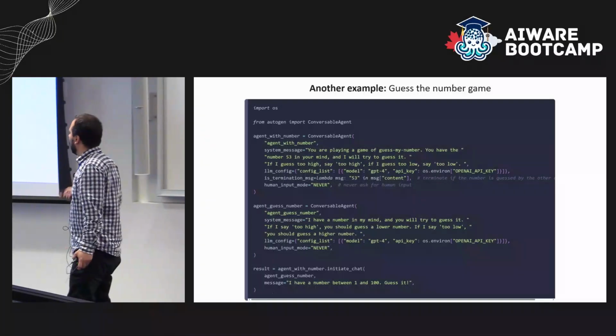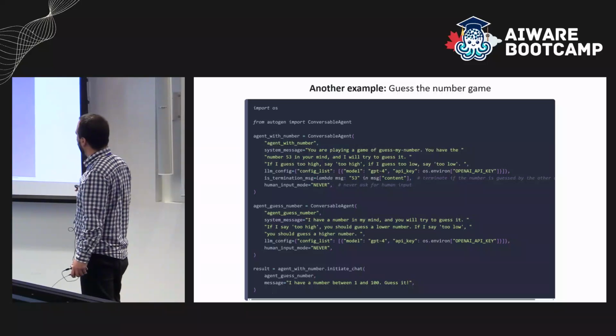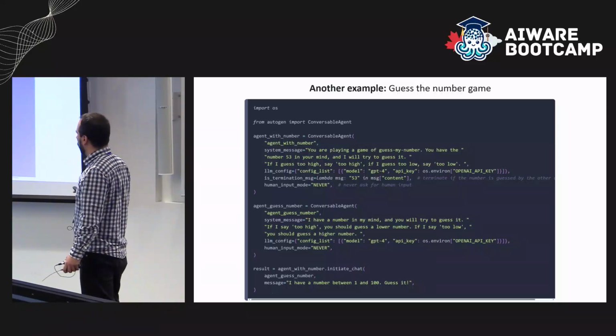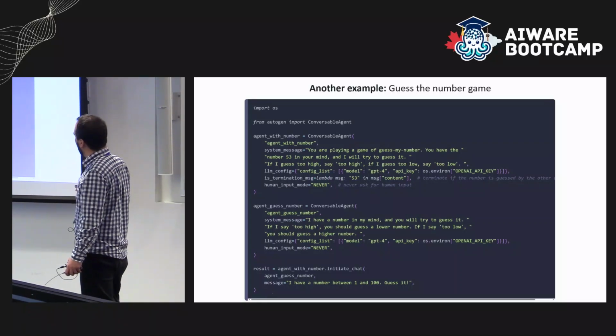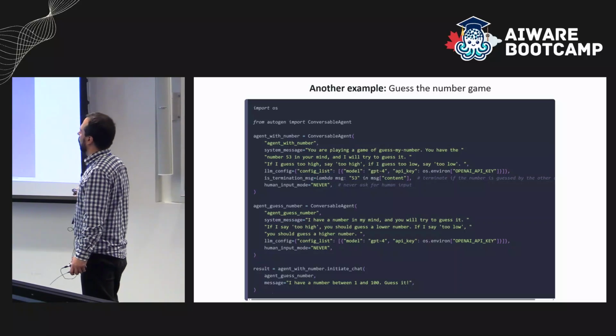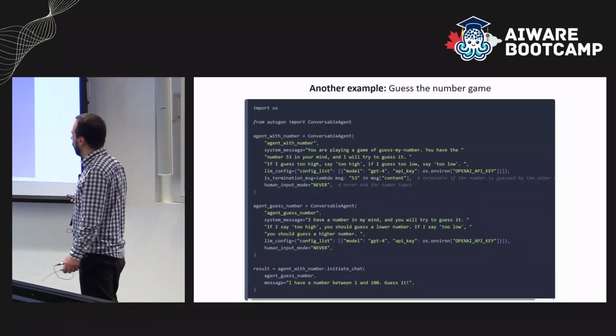Just another example: there's this guess the number game. This is a slightly more sophisticated prompt, but it's just to show again the two agents talking to each other. The key idea is one agent has a number in mind, and the other agent has to guess the number. So the number is 53. This is the termination message here.